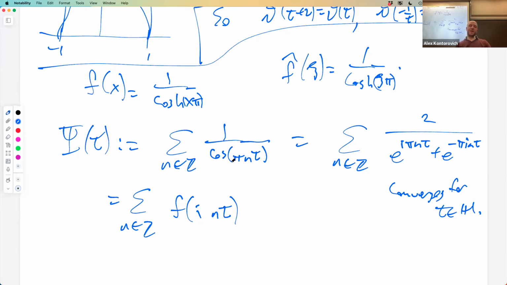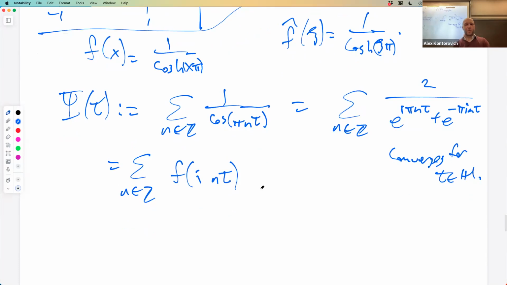And is that right? If I stick in cosh of I n pi tau, cosh I is indeed cosine. I think this is right. Okay. And what does Poisson summation say? The sum over f is equal to the sum over f hat. I've multiplied here by I tau. So I have to divide by I tau. And I get a factor of 1 over I tau in front.